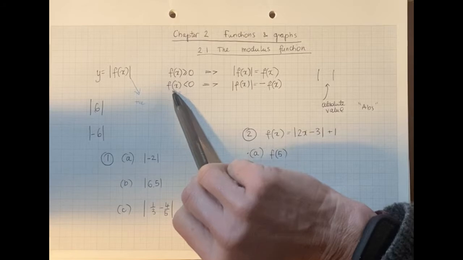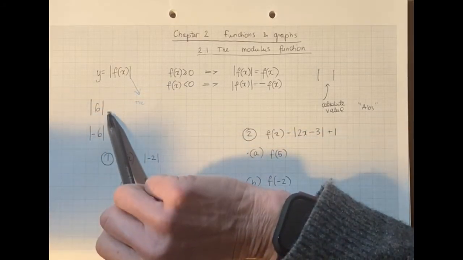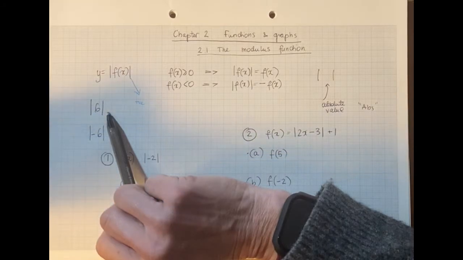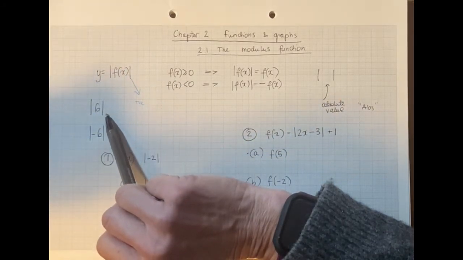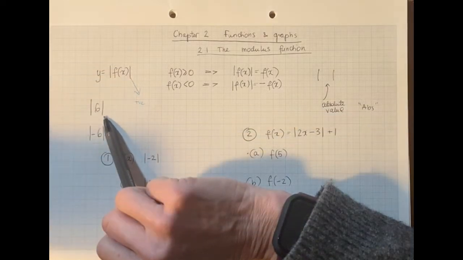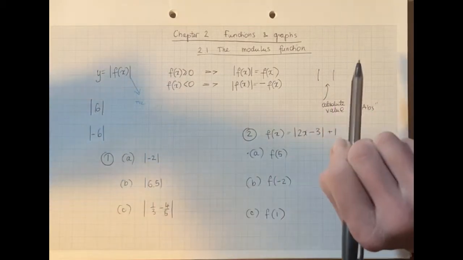So really what it means is, whatever is negative changes into a positive equivalent, the same size but opposite in value, and if it's positive, it stays positive. It's also called an absolute value.